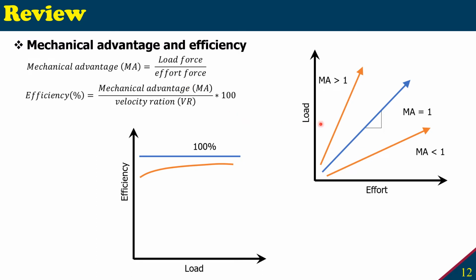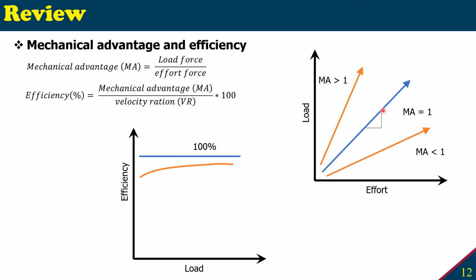So if you plot load over effort, the slope will be your mechanical advantage. If your mechanical advantage is less than 1, then the load versus effort line will be like this one. If it's 1, it will go exactly through the middle of the plot. And if your mechanical advantage is greater than 1, then it will be above the mechanical advantage of 1 line.